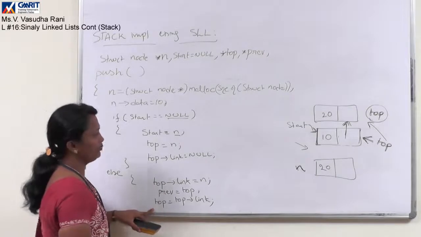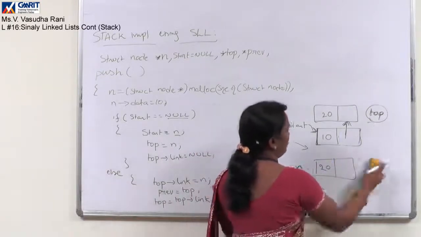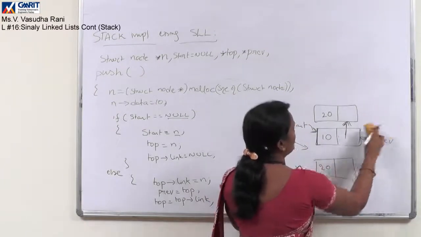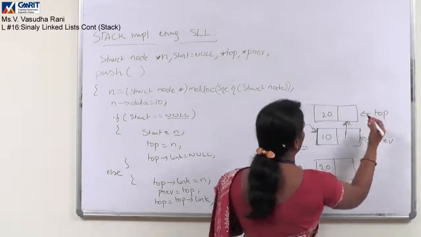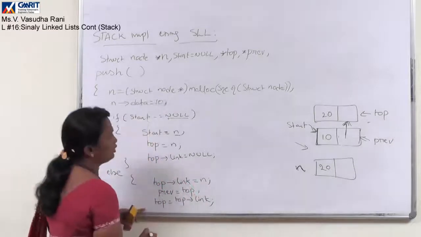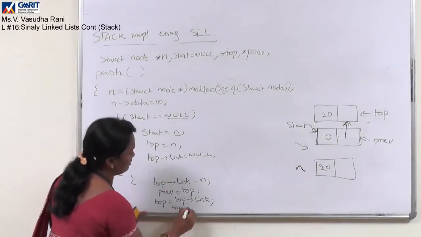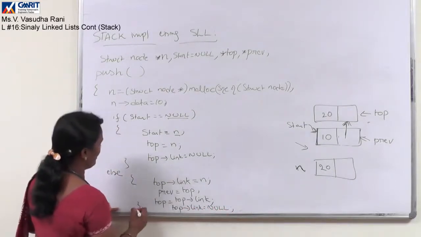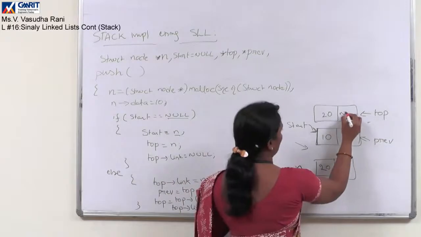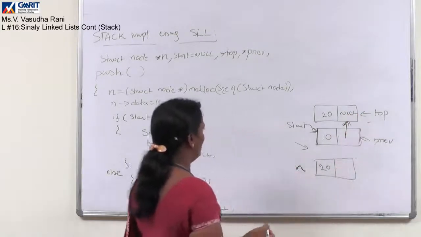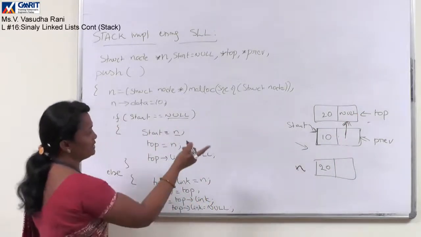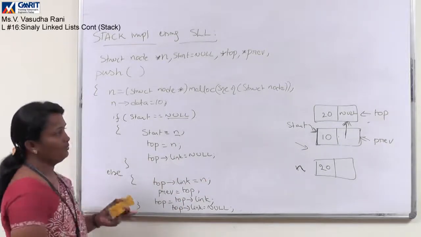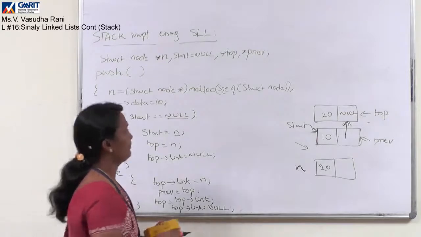With these two statements, this node can be referred with previous and the new node with the top pointer, and the top link you make null because that is the last node. With this, every time, you can go on pushing a new node into the stack.